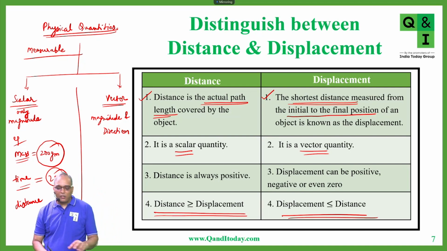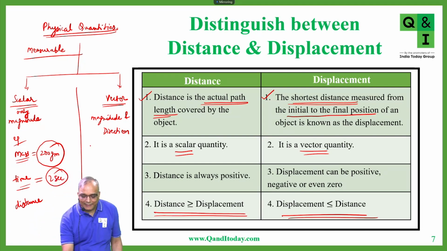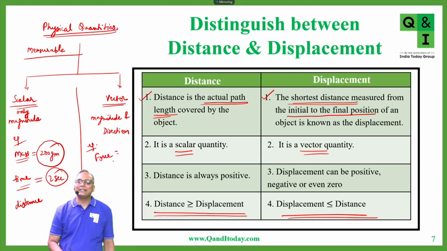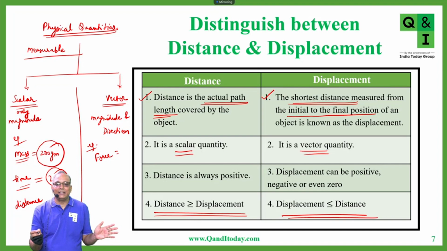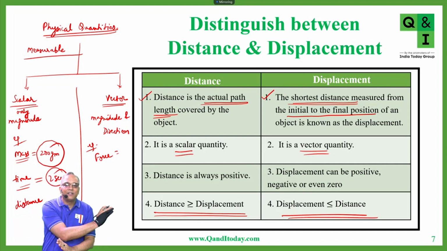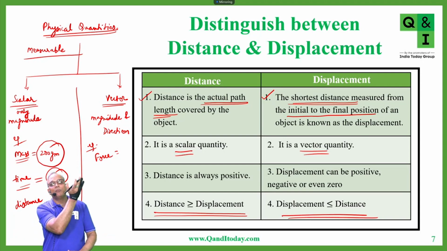Now, if I talk about vector quantities, for example, force. When I mention force, what will I say? I am applying a force in some direction. If I say only 2 Newton, it doesn't mean anything. Why? Because 2 Newton can be towards right, left, downwards, upwards, in any direction.